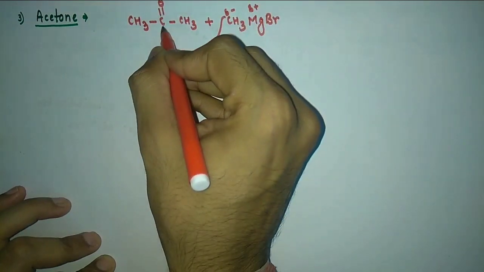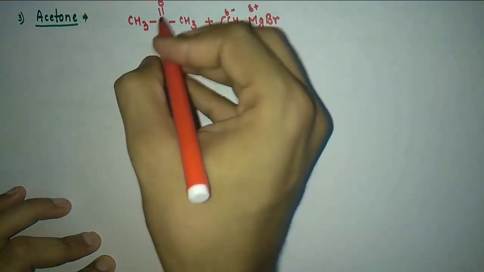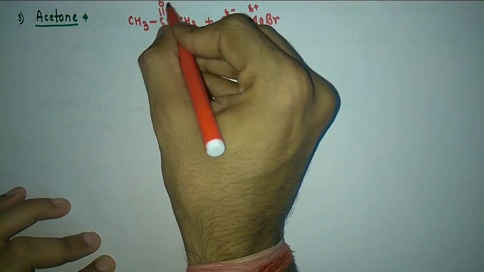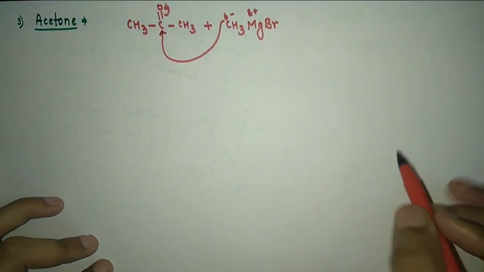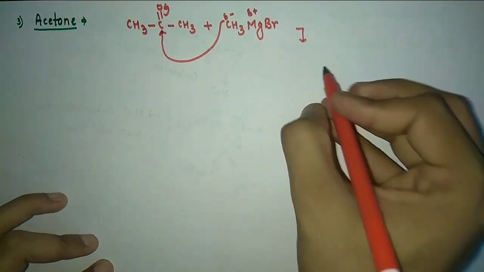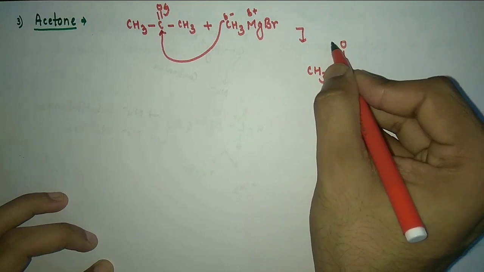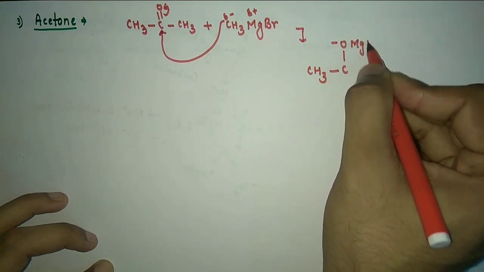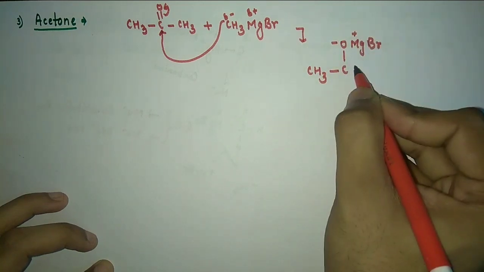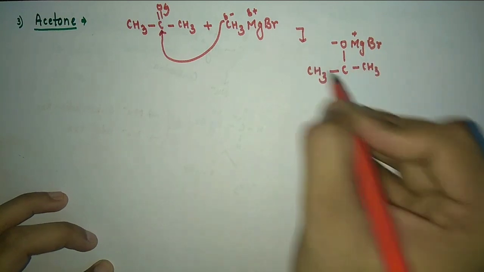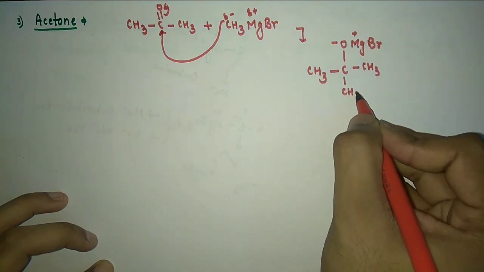It goes to the positively charged carbon atom of this carbonyl group, and it migrates to this. So what happens? CH3, C, O minus and MgBr positive, and this CH3 comes at this.